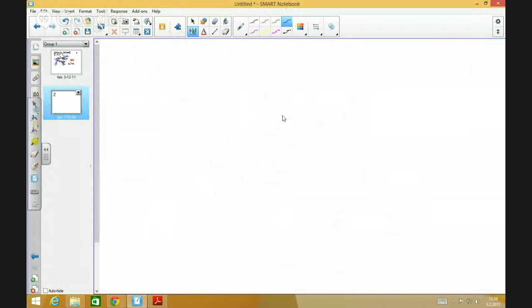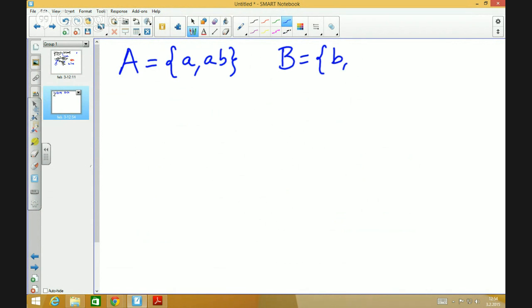Okay, so let's assume that A is a language that contains the strings A and AB, and capital B is a language that contains the string B and BA. What is A concatenated with B?